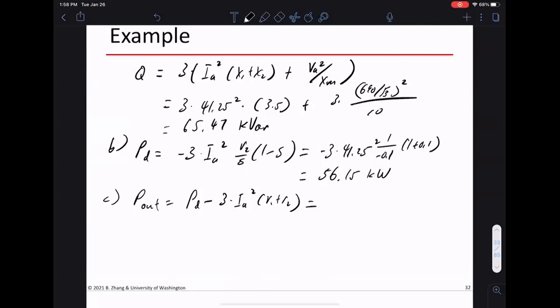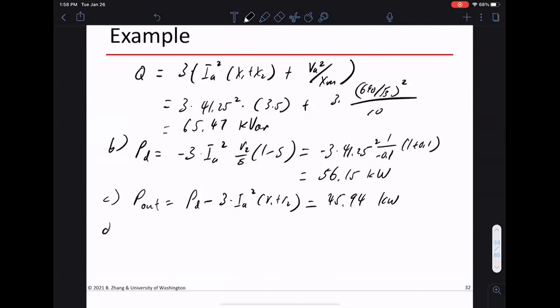Plugging all the numbers, what we get is 45.94 kilowatt. So this is just the developed power, subtract the thermal loss, the active power loss.